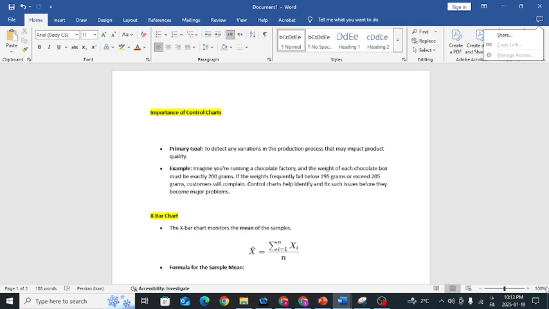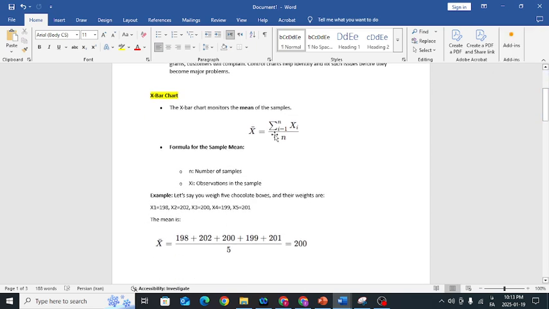So, what is this? This is the sigma, the total of the observations in the sample divided by the number of samples.